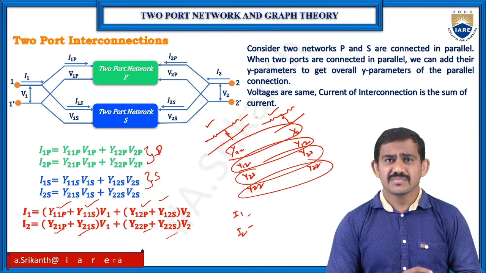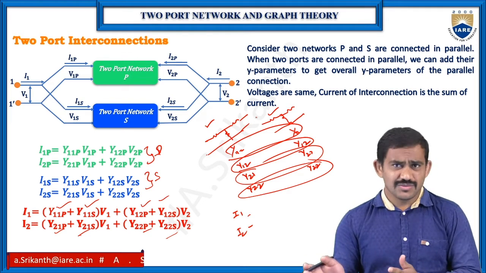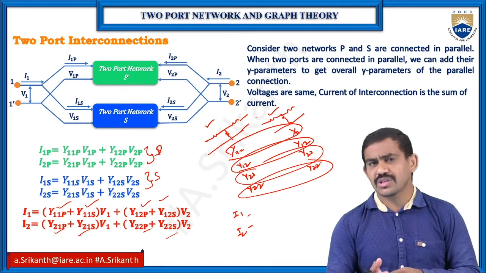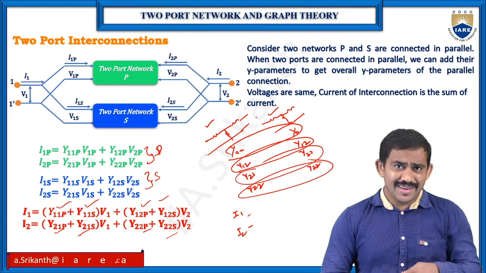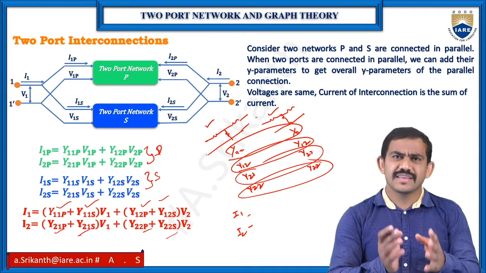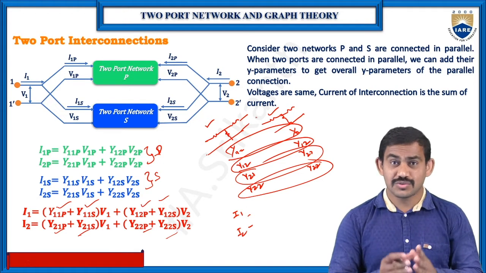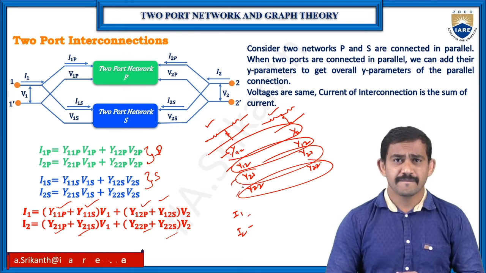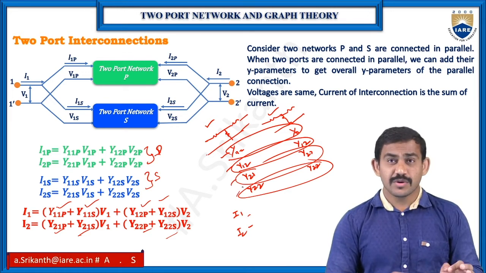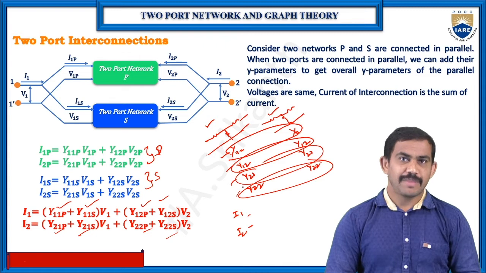Primary open or secondary side open, otherwise you know Z values, you can directly find out the Y values. Okay, which method is easy for you, just use those methods and find out those admittance values. And this is about two-port networks connected in parallel.